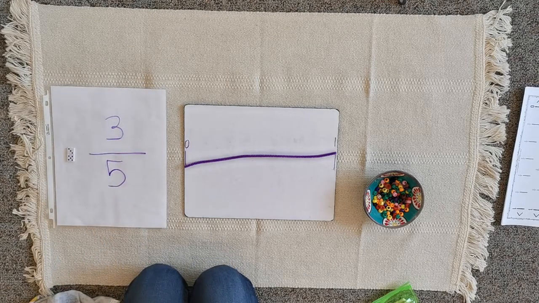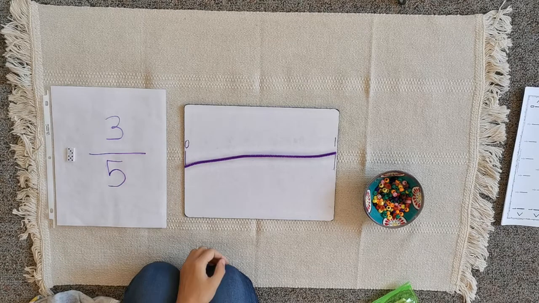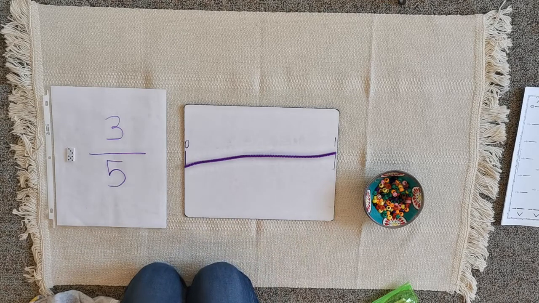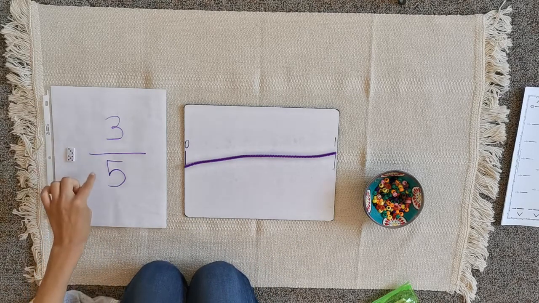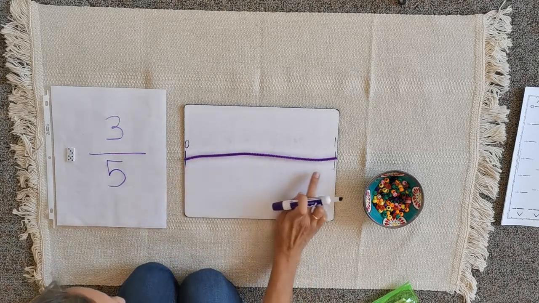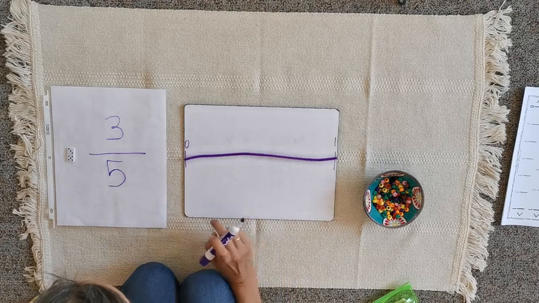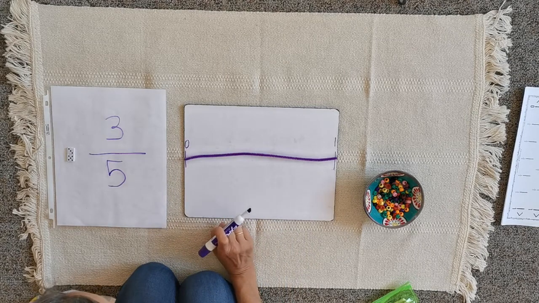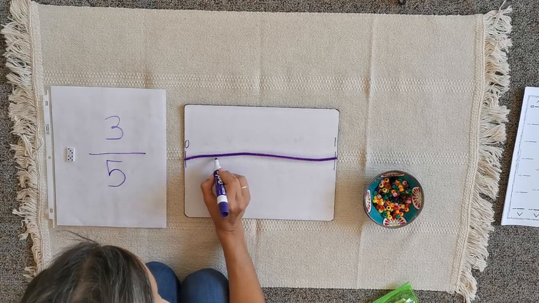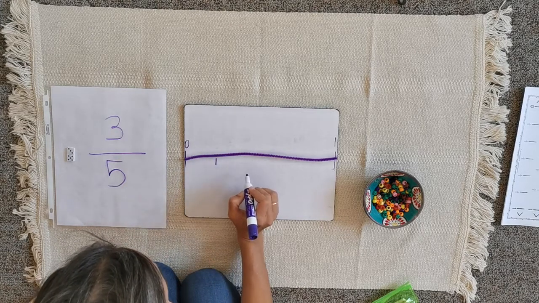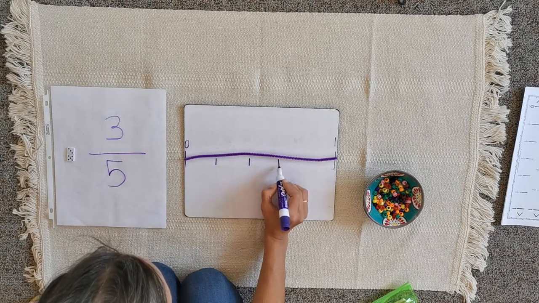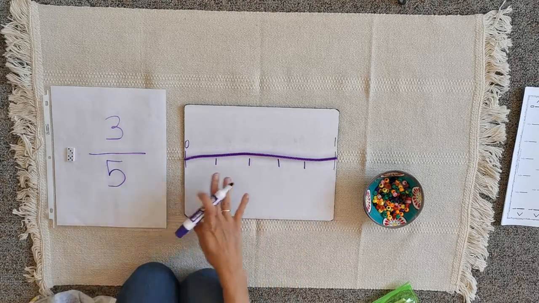First thing that I need to know is that I need to divide. Maybe I can use just a marker, maybe it's easier, and use the bead to put exactly where 3/5 are. Yeah, I'm going to do it like that. So, in how many parts do I need to divide my whole? Yeah, into 5 pieces. 2, 3, 4, and 5, more or less.